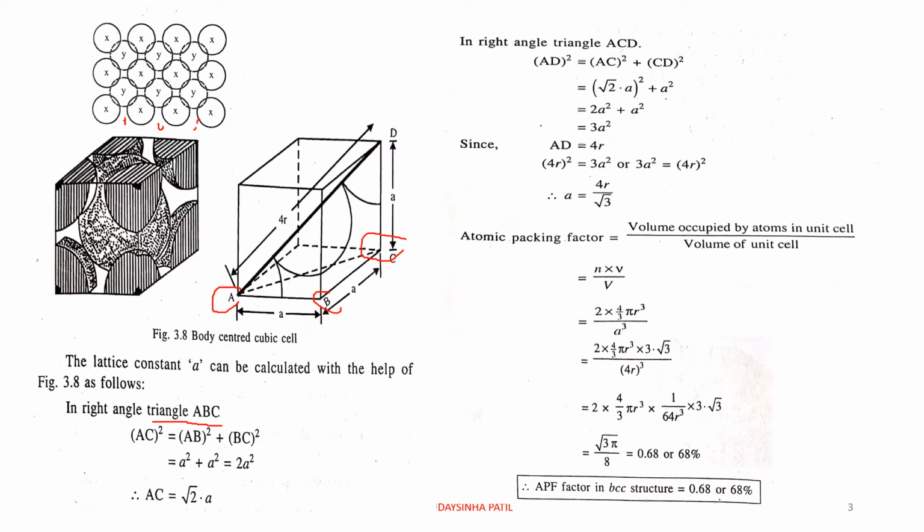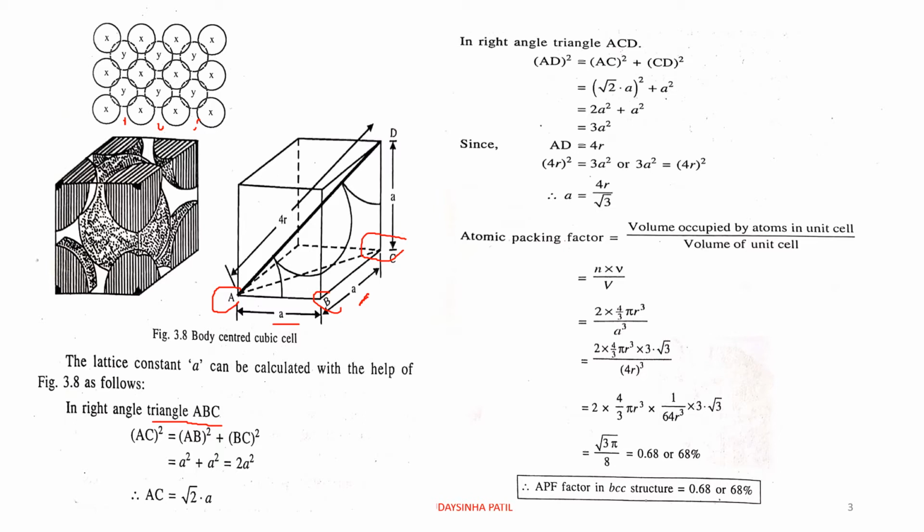But what is the length of AB? That is equal to a. The length of BC is also equal to a, because it is the cubic system: length, width and height are all the same. Therefore, AB and BC are the same, having the value of the lattice constant a.